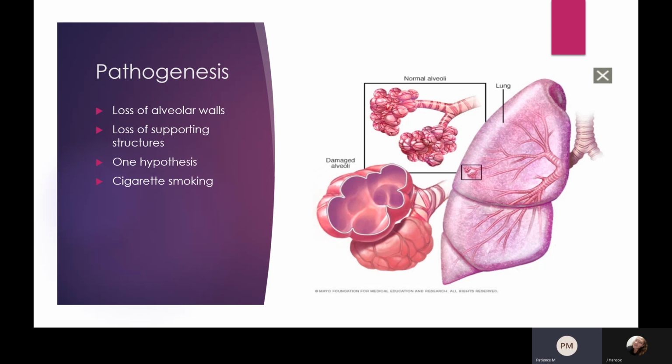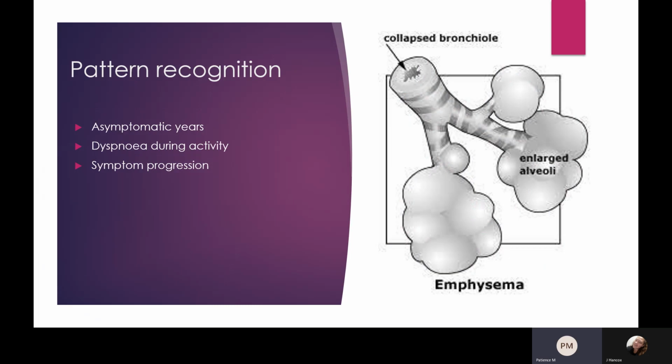Now we'll be going into the pattern recognition for the disease. You can have emphysema for many years without noticing any signs or symptoms. The main symptom of emphysema is shortness of breath, which usually begins gradually. You may start avoiding activities that cause you to be short of breath, so the symptom doesn't become a problem until it starts interfering with daily tasks.